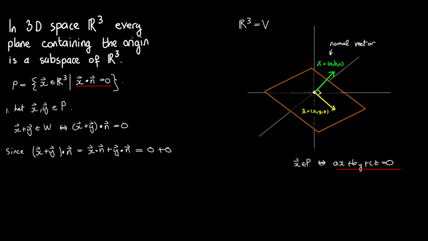Because we've assumed, I said W, but I meant to say P, sorry about that, that x and y are elements of our plane. That means that these two dot products here are equal to 0, which is why we have the 0 plus 0 here. Okay, good. So since we have that this is 0, property 1 holds. In other words, P is closed under vector addition.